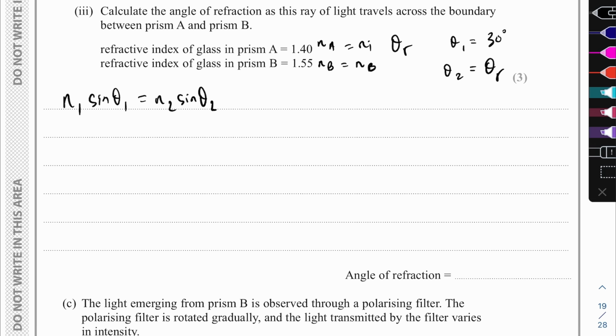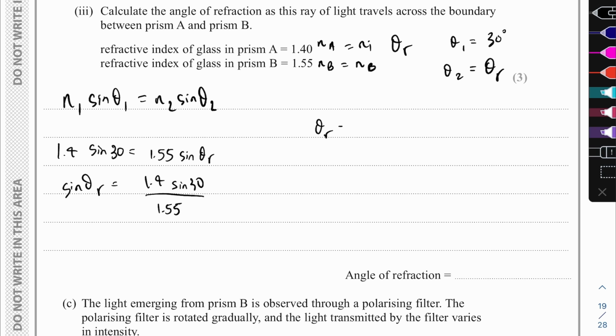So now let's substitute what we have. We have 1.4 sine 30 equals 1.55 sine theta r. Let's rearrange to get sine theta r on its own. So sine theta r equals 1.4 sine 30 divided by 1.55. Alright, good. Now what should we do? We should take the inverse.